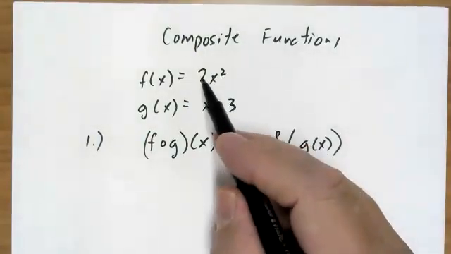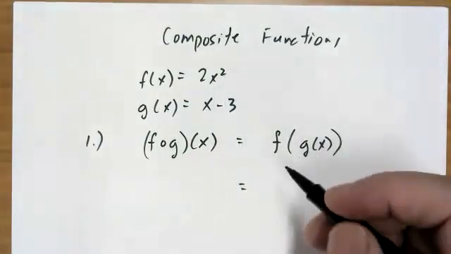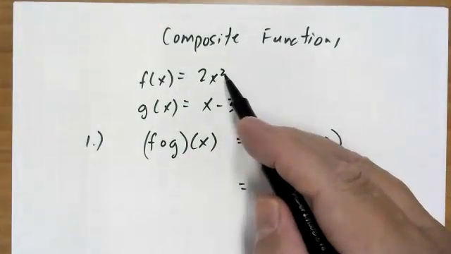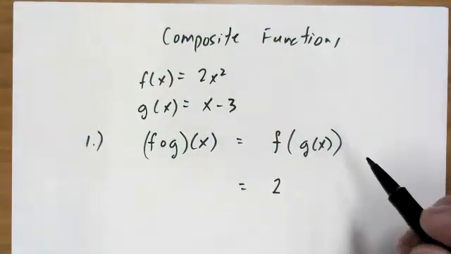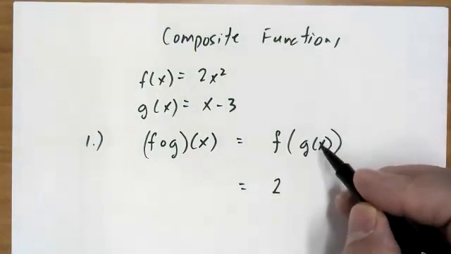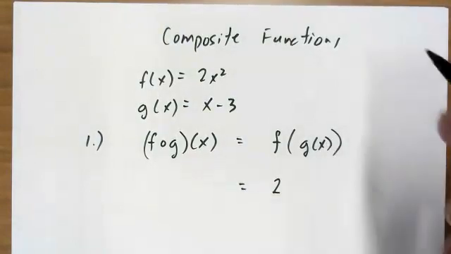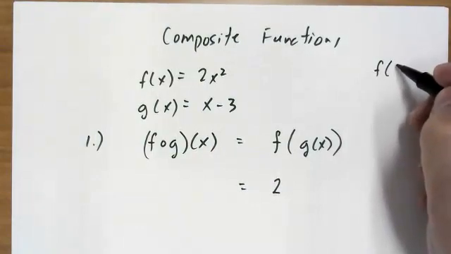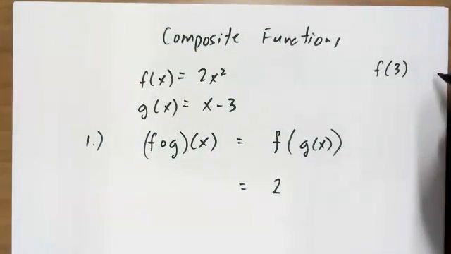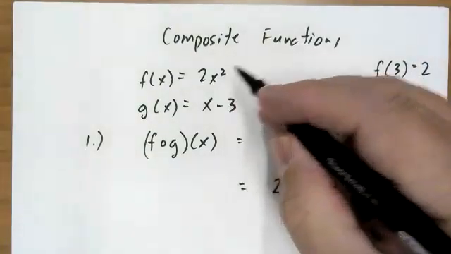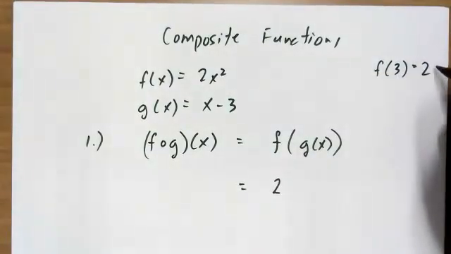So here's my f function, 2x squared. So 2, now I'm going to do x squared, but instead of x, I'm going to replace x with the g function. You know, we learned function notation. If I had done f of 3, then I would replace the x with the number 3.